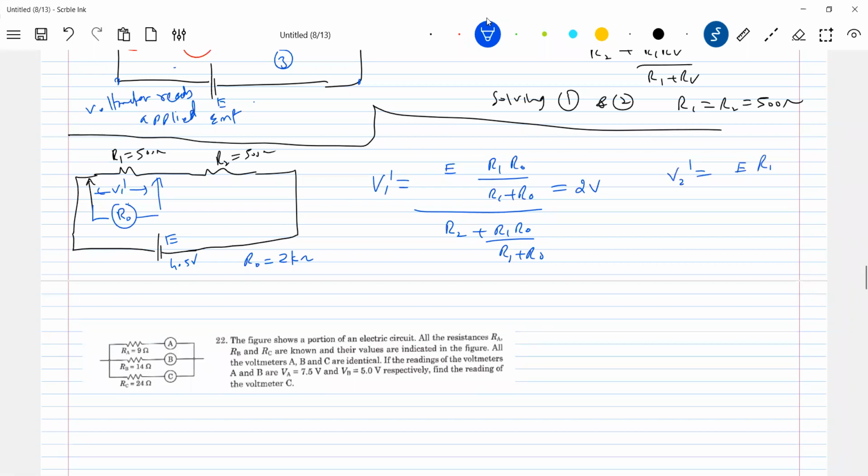I'm not showing the diagram, I'll write only the equation: R2 R naught by R2 plus R naught.